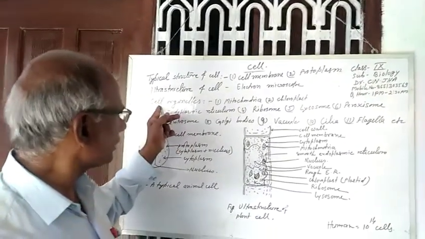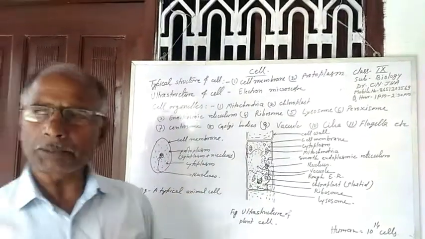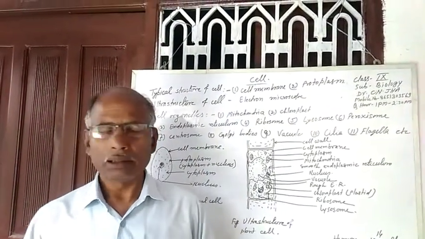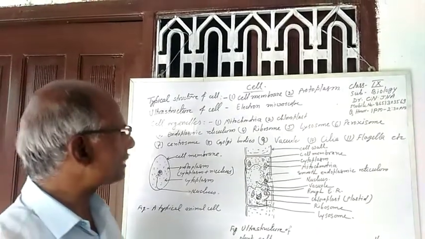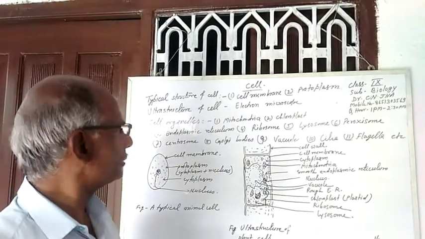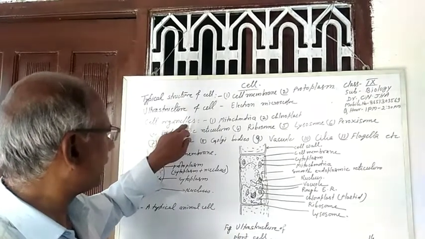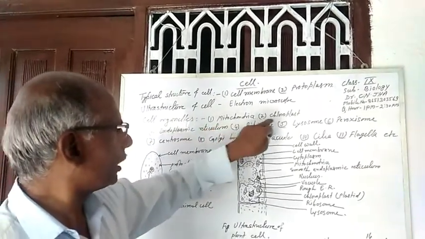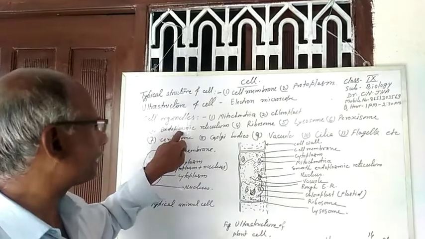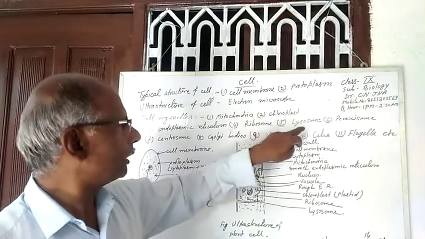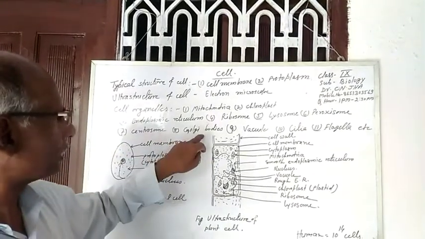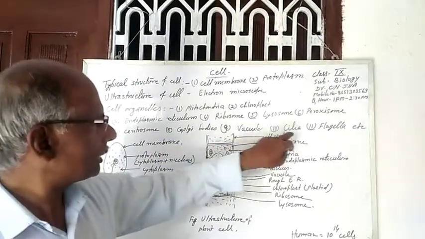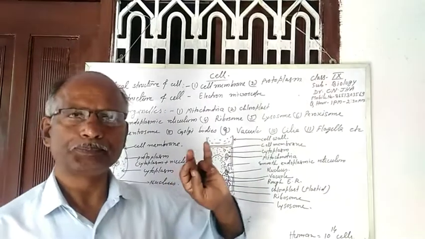Cell organelles are the structures present in the cell which have definite structure and function. These cell organelles are mitochondria, chloroplast, endoplasmic reticulum, ribosome, lysosome, peroxisome, centrosome, Golgi body, vacuole, cilia, flagella, etc.